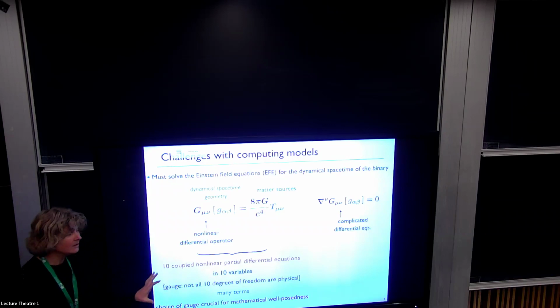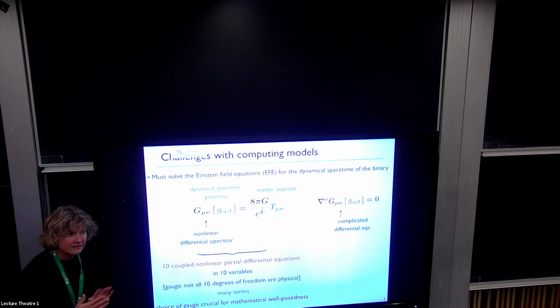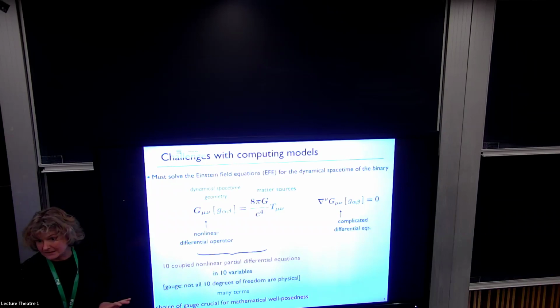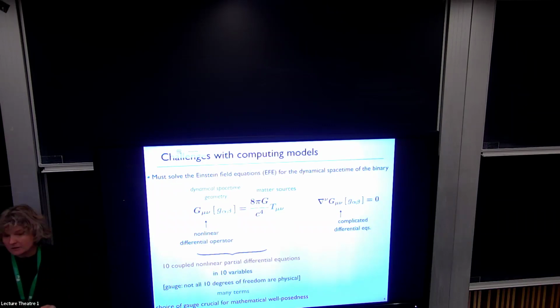But a priori, you don't know which ones to pick. And depending on what gauge you pick, you can end up with a problem that is mathematically not solvable. So it's quite a challenging task, but there are different approaches that have been developed to tackle this problem.